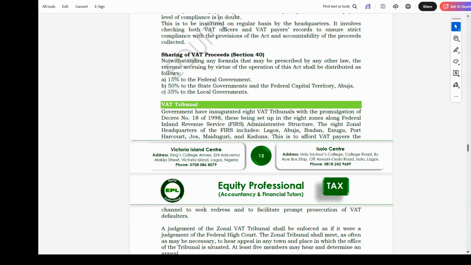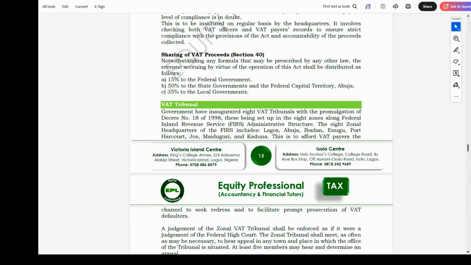They tell you, okay, based on our finding, based on our analysis, our audit or our investigation, we find out that you are owing this amount. That amount is not final. You have a right to object and appeal to that amount.